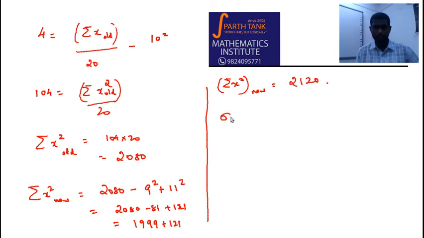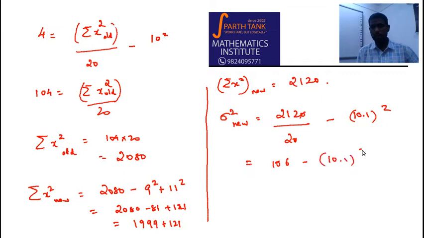So the new variance, sigma squared new, can be written as the new summation of x squared by n, still 20, minus the new mean squared. And what is the new mean? 10.1. So this is going to be 106 minus 10.1 squared. 10.1 squared is 102.01.